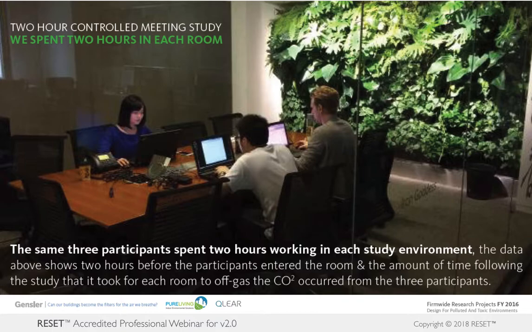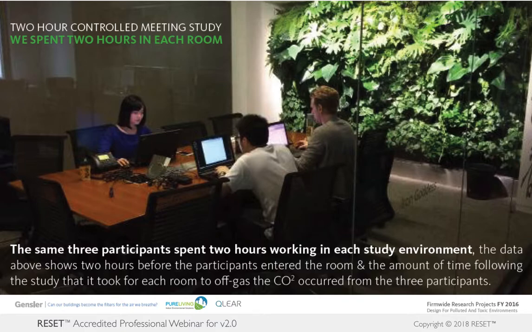Now, if you remember way back in the target pollutant modules, I was mentioning Gensler's firm-wide research project 2016 that was done in collaboration with Pure Living China and with Clear. And we were looking at the efficacy of plants in the reduction or regulation of CO2 levels. So this study, again, just to reiterate, the same 3 participants were spending 2 hours working in each of the study environments.